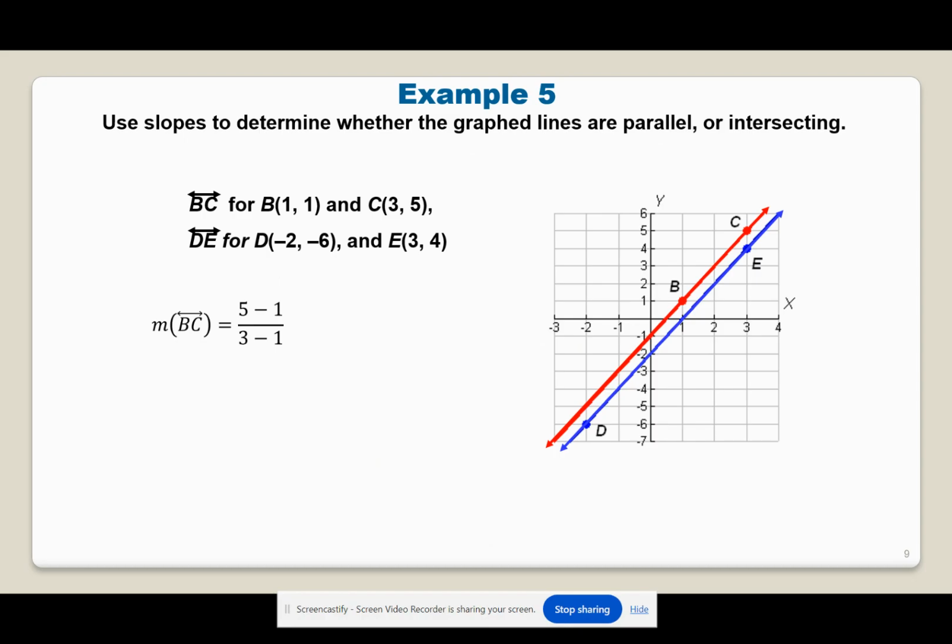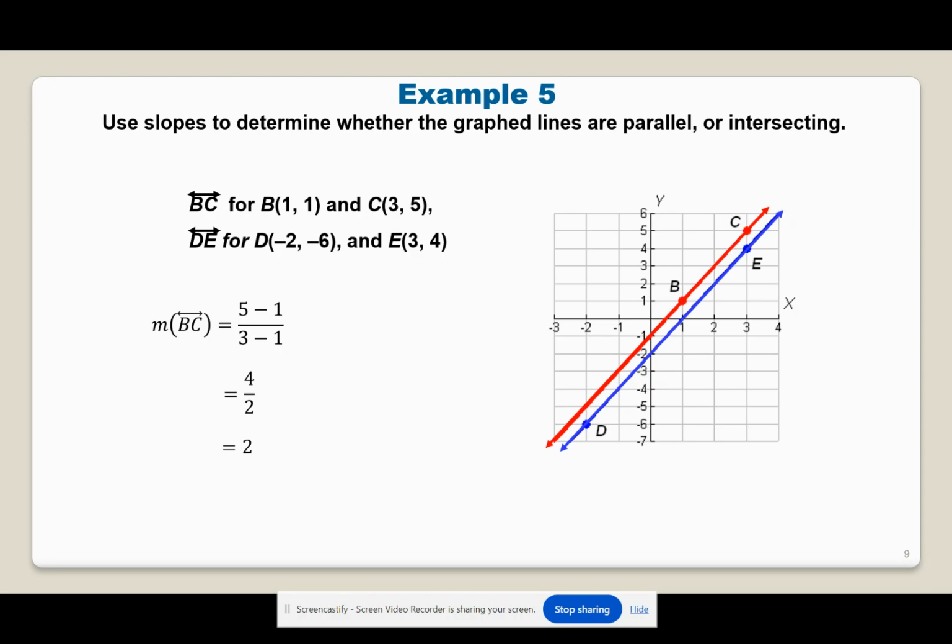Since I've got 2 lines, just saying M can be confusing as to which line I'm talking about. So I put in parentheses the line I'm taking the slope of. Okay? So it's the y minus the y over the x minus the x. So I have 4 over 2. Remember, always reduce your slope. And we get 2.